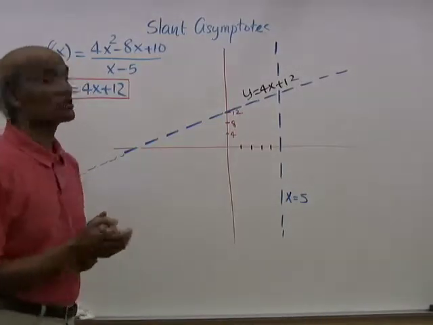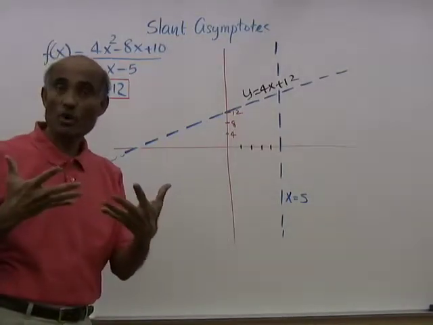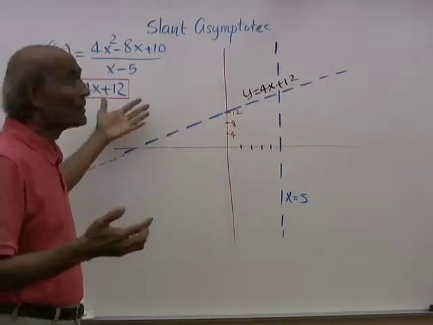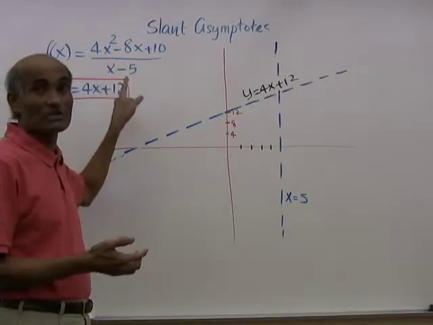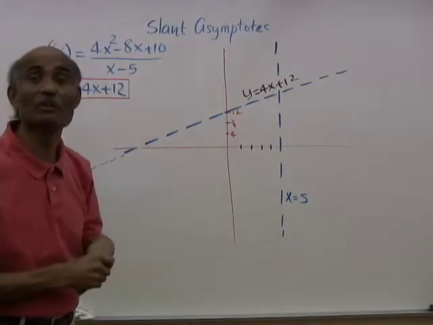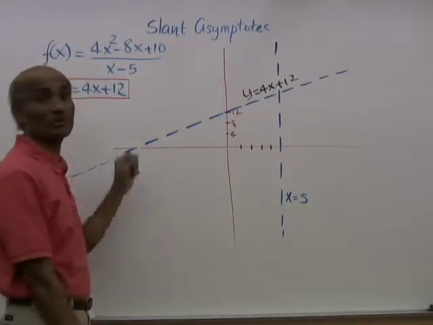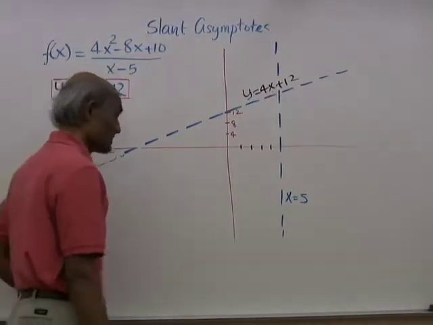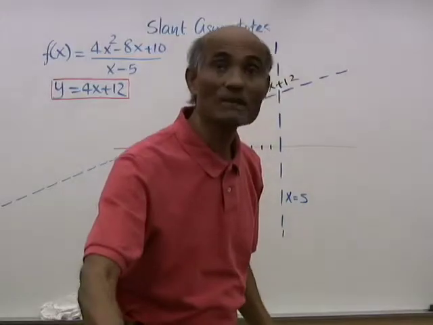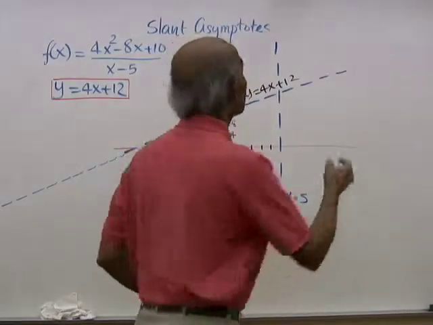Well, to sketch the graph, we can also obtain some fundamental information about this. That is, we know that it has a vertical asymptote. Does it have a vertical asymptote? Yes. So the vertical asymptote is obtained by setting the denominator to 0.